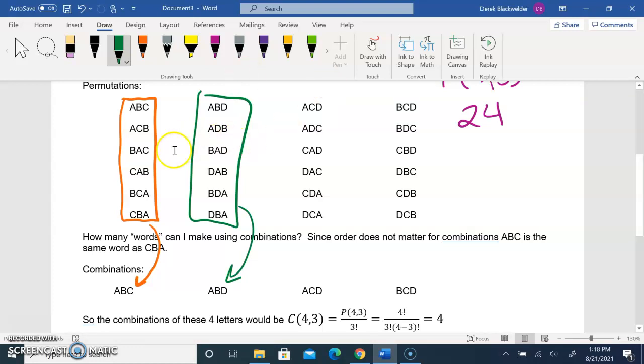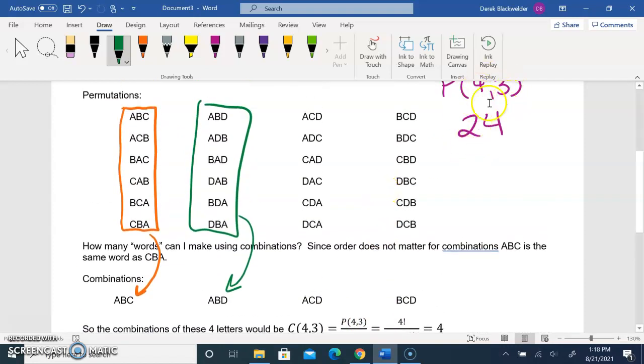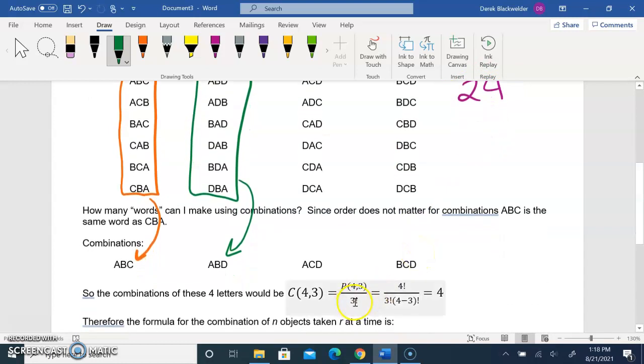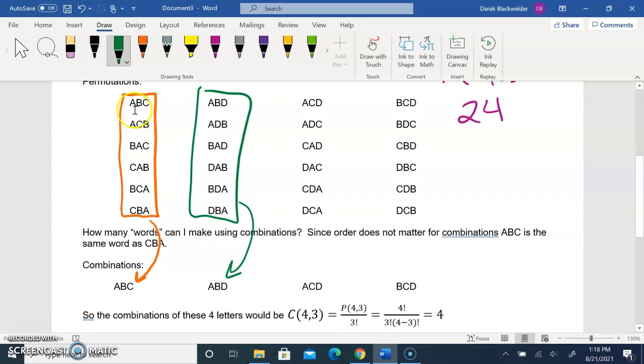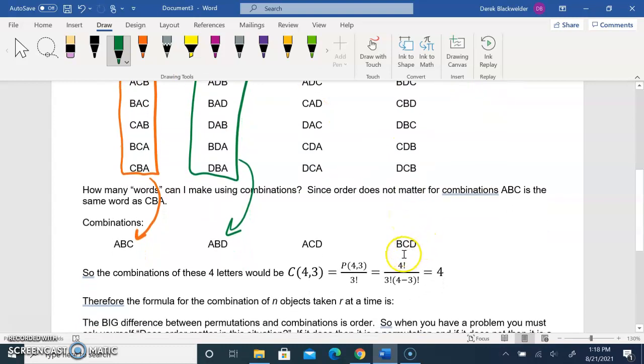The way that our combinations would work is we're basically taking the permutation, that permutation of 4 comma 3, and we got 24 of them. We're going to divide that by 3 factorial, and 3 factorial is the number of ways I can rearrange those 3 letters. 3 factorial ends up being 6. There's 6 ways I can rearrange those letters. And so what happens is we have 4 factorial divided by 3 factorial times 4 minus 3 factorial, and we get 4.